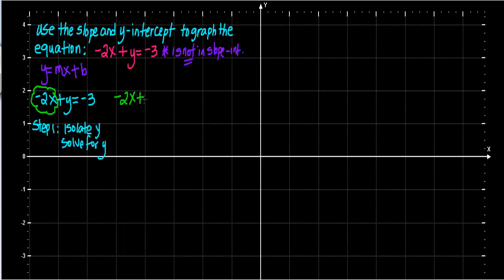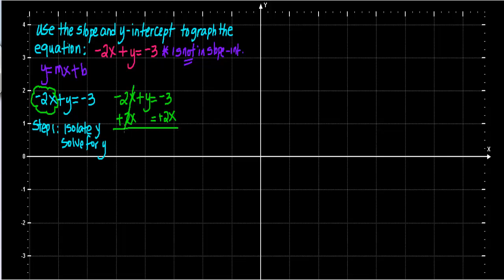Negative 2x plus y is equal to negative 3. Since this is negative 2x, the way I can get rid of that is by adding 2x to each side of the equation. We add 2x.